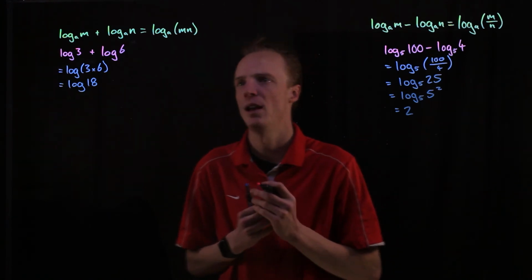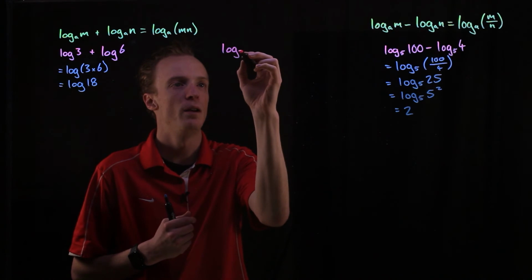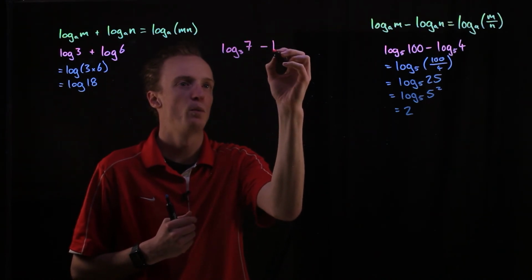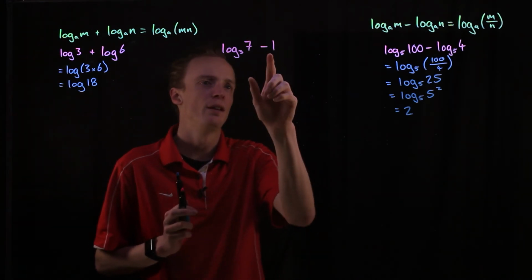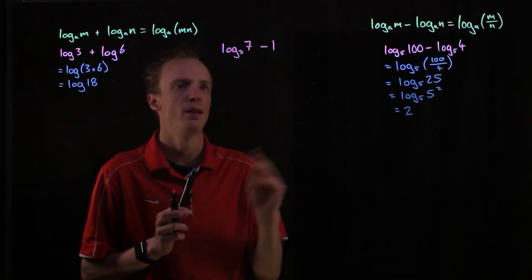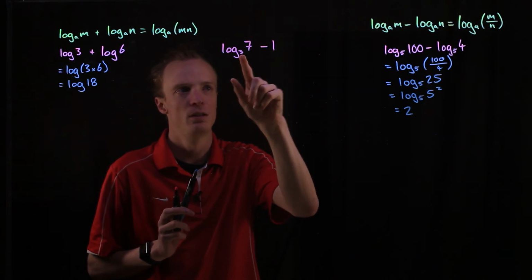Let's say I have the logarithm base 3 of 7, and I subtract 1. How might I simplify this? Well, the first thing I'll need to do is rewrite this 1 as a logarithm of 3. So this is saying, what power would I need to raise 3 to get 1?